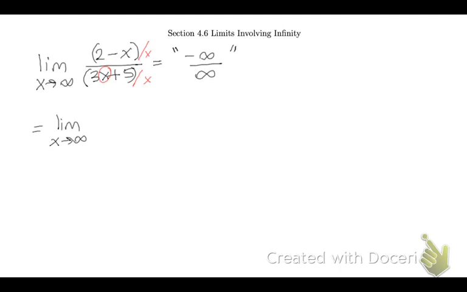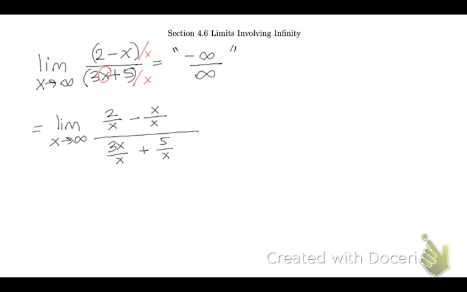Okay, so I'm going to divide 2 by x. I'm going to divide x by x. So I'm creating a complex fraction in this kind of problem. I'm going to take 3x divided by x and 5 divided by x. Okay, so since I've divided everything on top and bottom by the same thing, I haven't changed the problem at all.